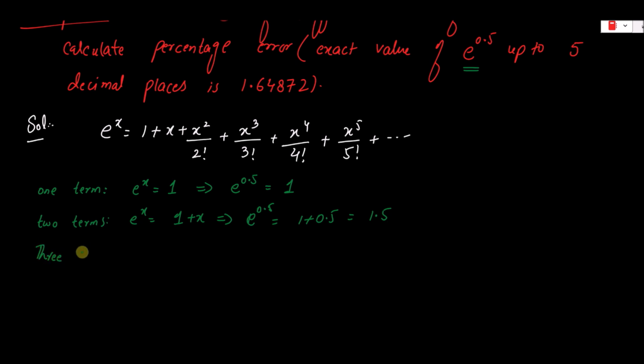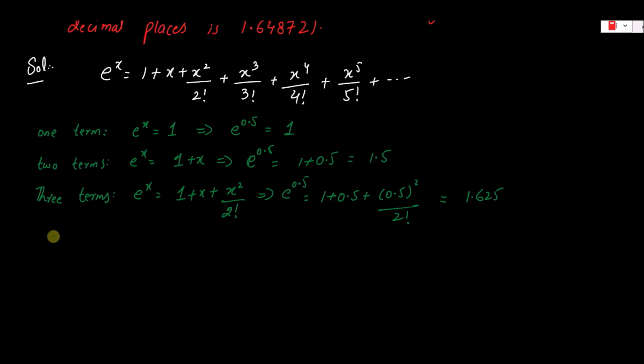Then we consider three terms. e raised to the power x is 1 plus x plus x squared by 2 factorial, and for e raised to the power 0.5, this is 1 plus 0.5 plus 0.5 squared over 2 factorial, and the answer is 1.625. Okay, let's choose four terms.